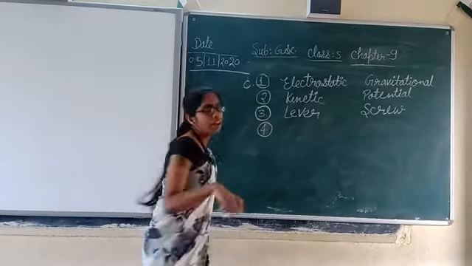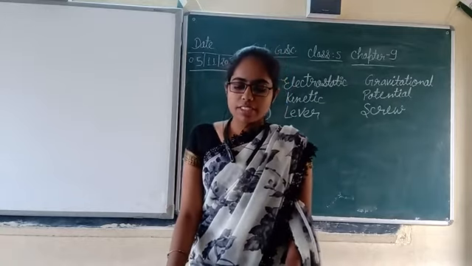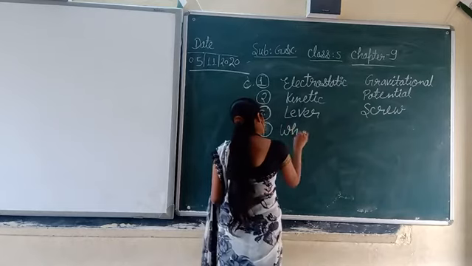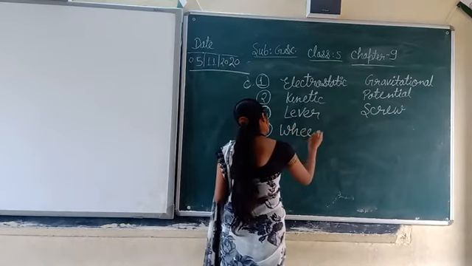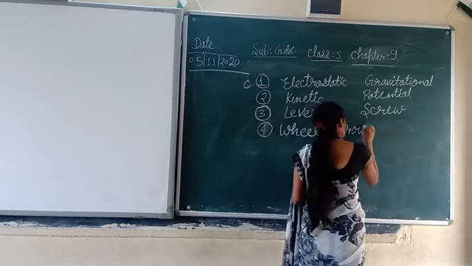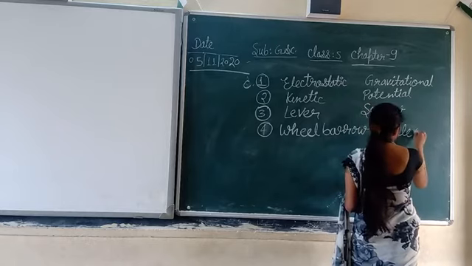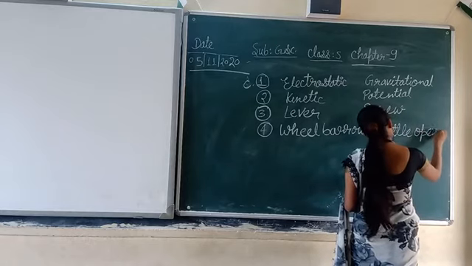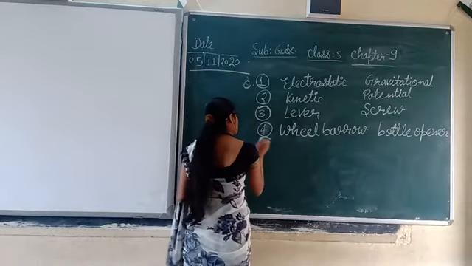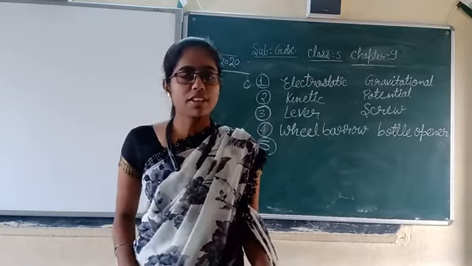Question number 4. Second order lever. Wheelbarrow and bottle opener. 5th question is belt.